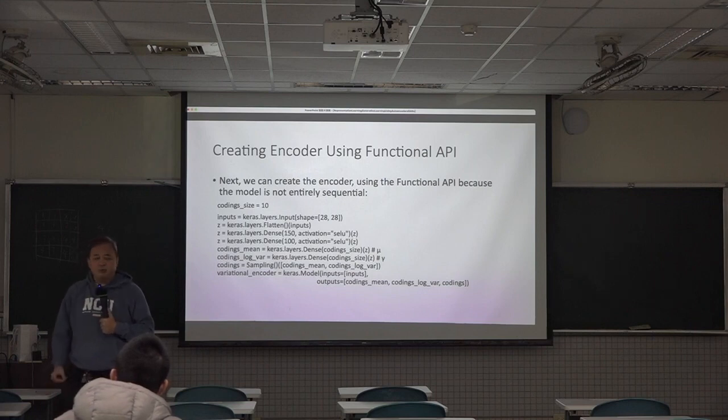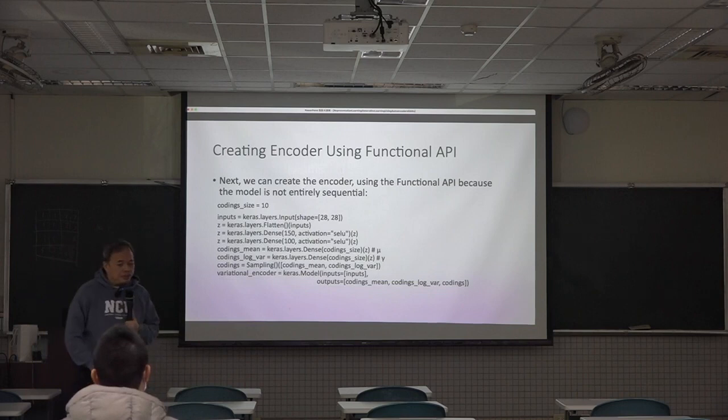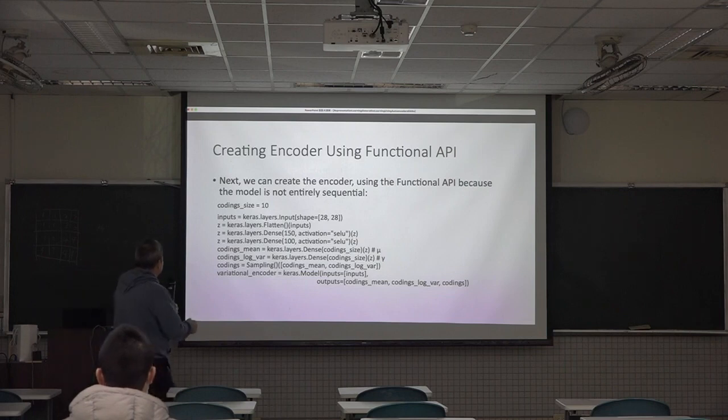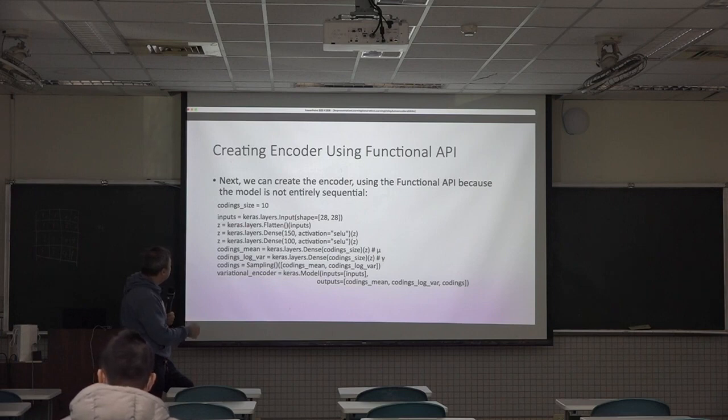Here, because we are dealing with fashion MNIST, 10 dimensions should be good enough. So the input is a Keras layer. Input is 28 by 28. This is nothing to be surprised with, right? And then we use this input and flatten it.